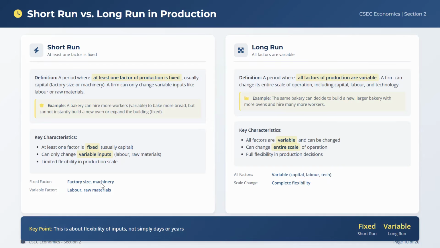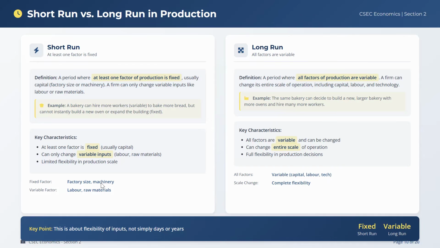Everybody clear? Don't want to see anybody writing the short run is 2 years, long run is 5 years. Short run is the period in which only some factors of production are variable, mainly labor and raw materials. And the long run is the period of time in which all factors of production are variable.